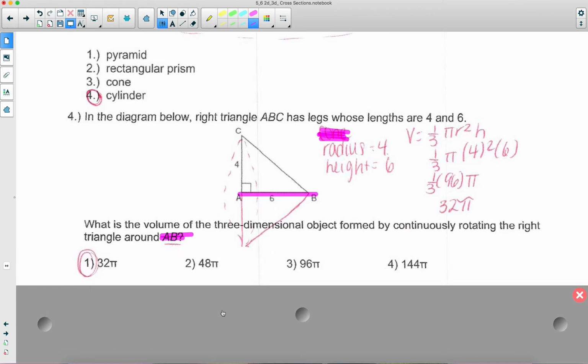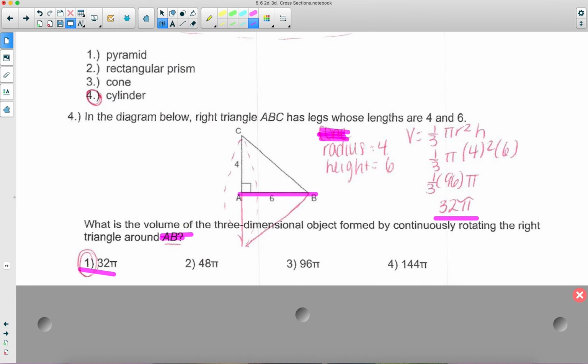My choices are all in terms of pi, so after I substitute in a radius of 4 and a height of 6, I'm really just dealing with 4 squared times 6, which is 96, and then 1/3 of 96 is 32, and I bring down pi the whole way, so I get 32 pi as my total volume.